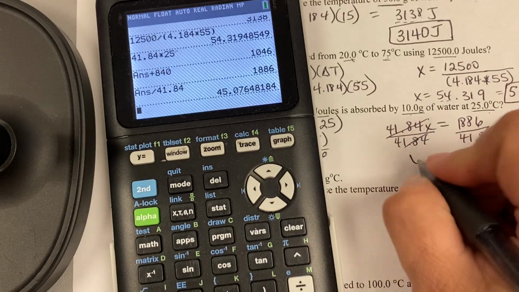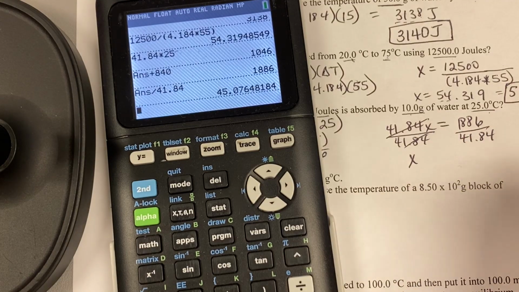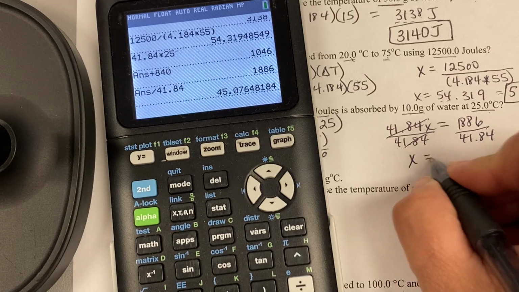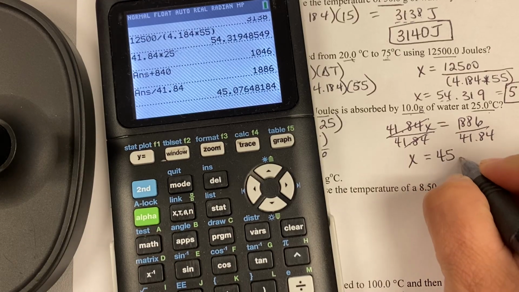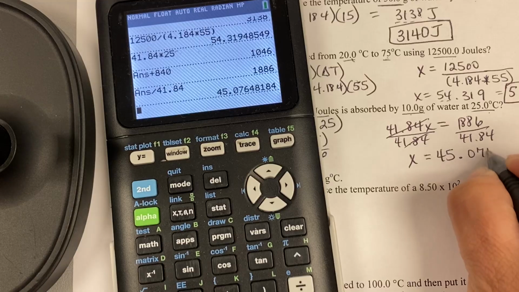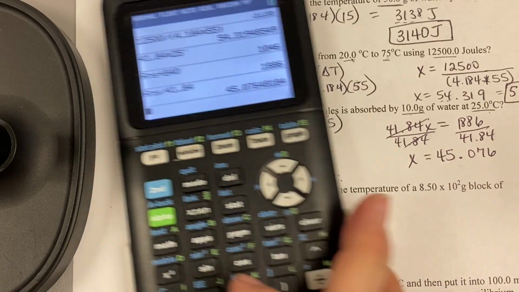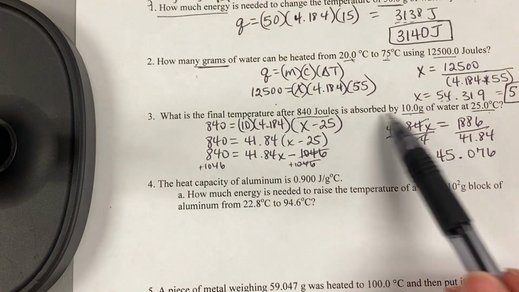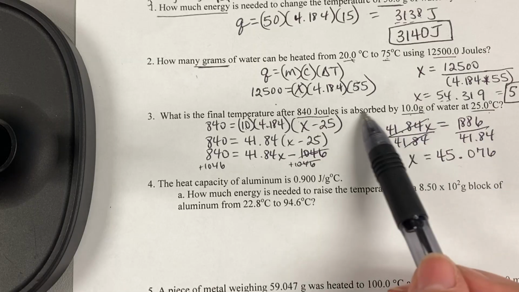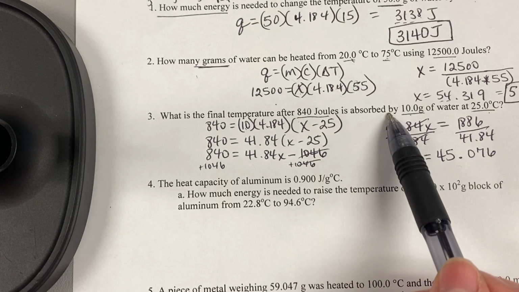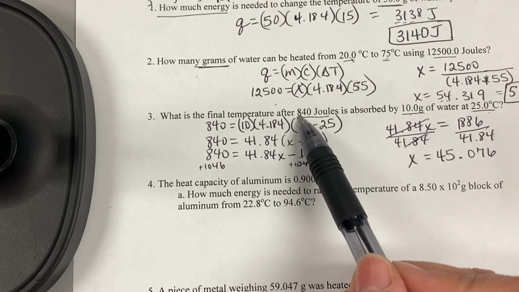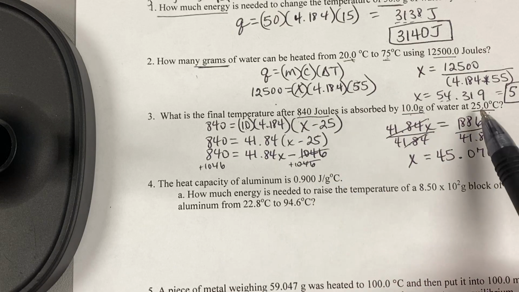Remember, we were solving for the final temperature. What did it heat up to? What was the last temperature? And so we said it was 45.076. Now, does that make sense? Did it heat up? Well, if I'm absorbing energy, it should heat up. So since this number is higher than the initial temperature, that does make sense.